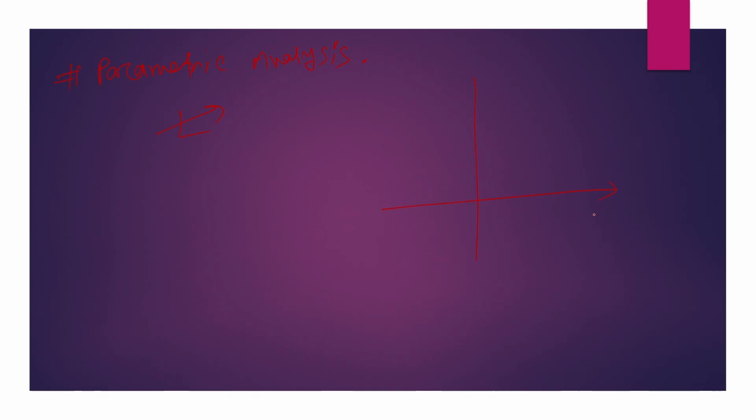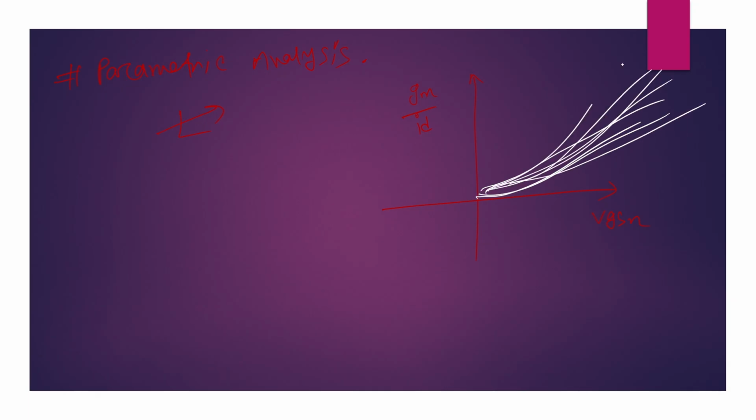Suppose you plot VGS of n on the x-axis, and the y-axis is, suppose, GM over ID. We try to plot different lengths, so the curve may look something like this, for example.